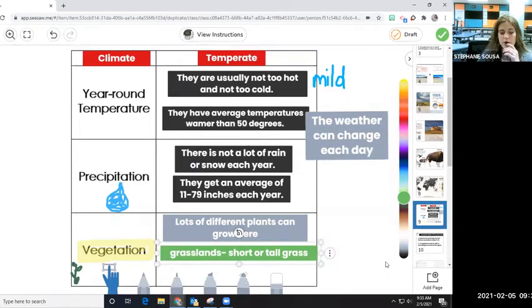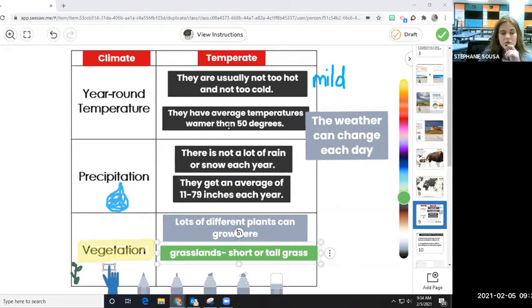There's steppes and there's prairies. So we learned from slide 6 that there is grasslands and there is short or there is tall grass.